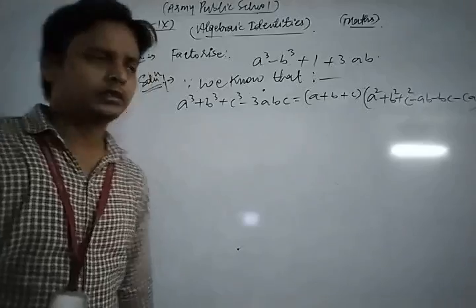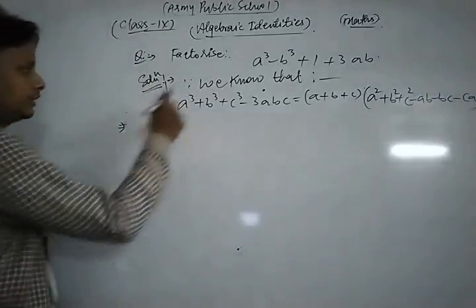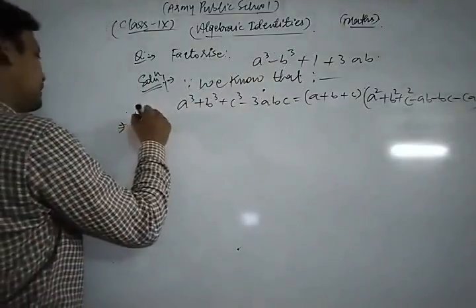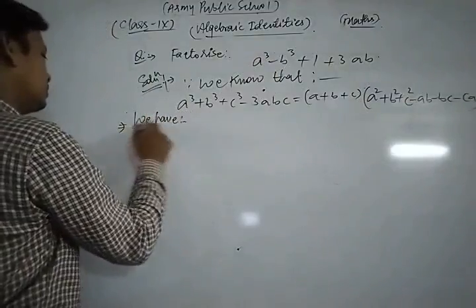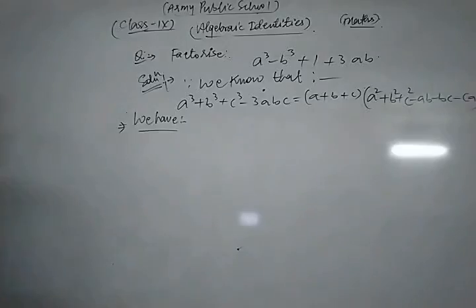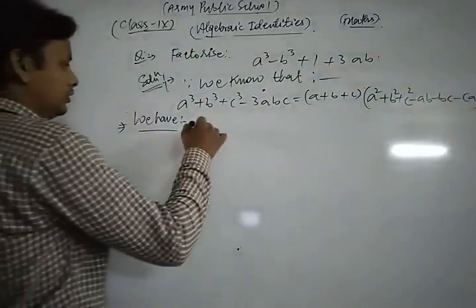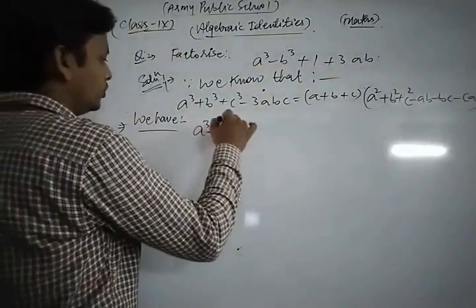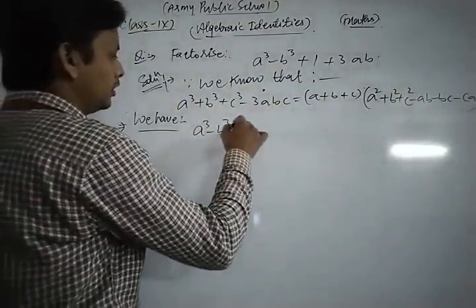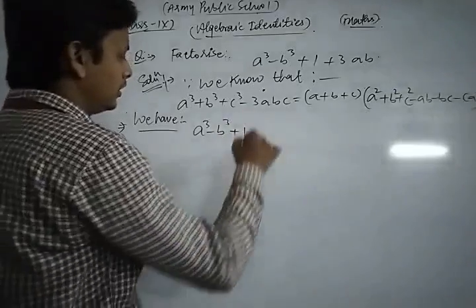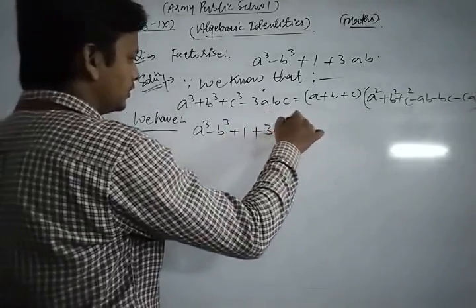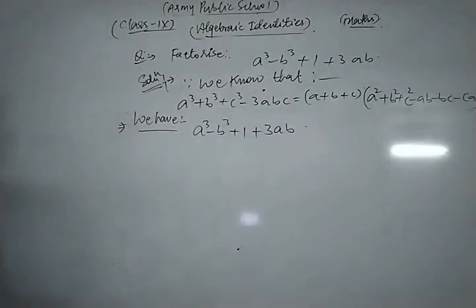This is the identity. Now first of all we write the expression we have: a³ − b³ + 1 + 3ab.